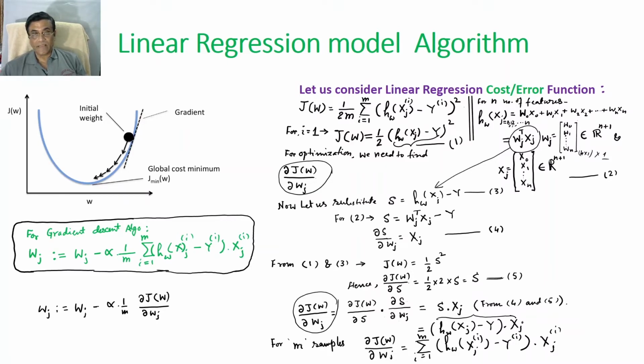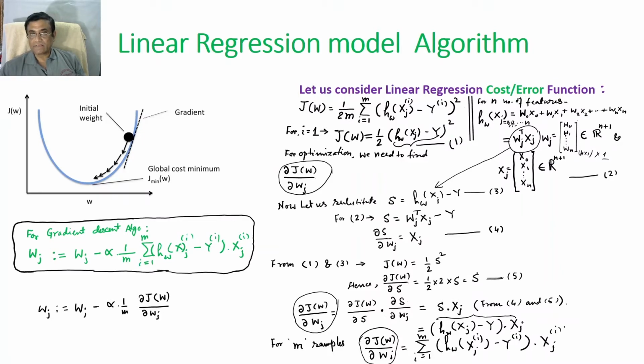Now for m samples, the gradient will be this: summation of i equals 1 to m, the predictor h_w(x) with parameters w, minus y_i, times x_j, x_i, right?